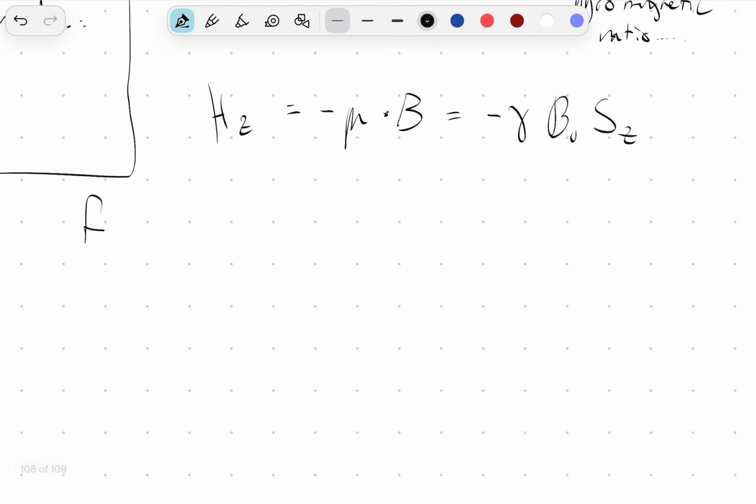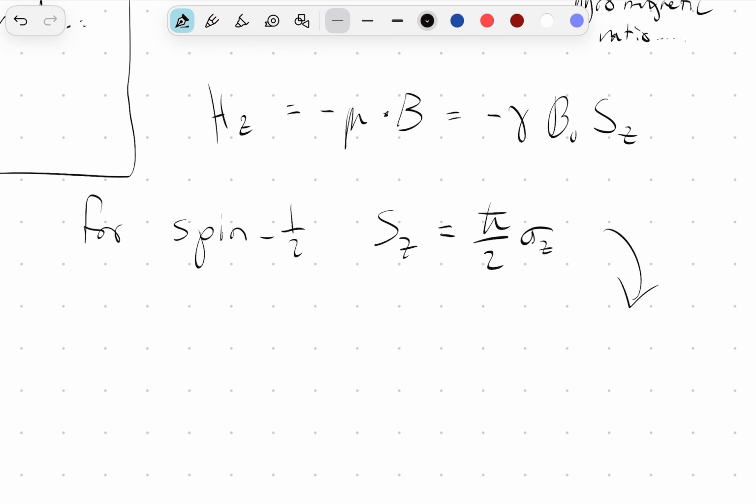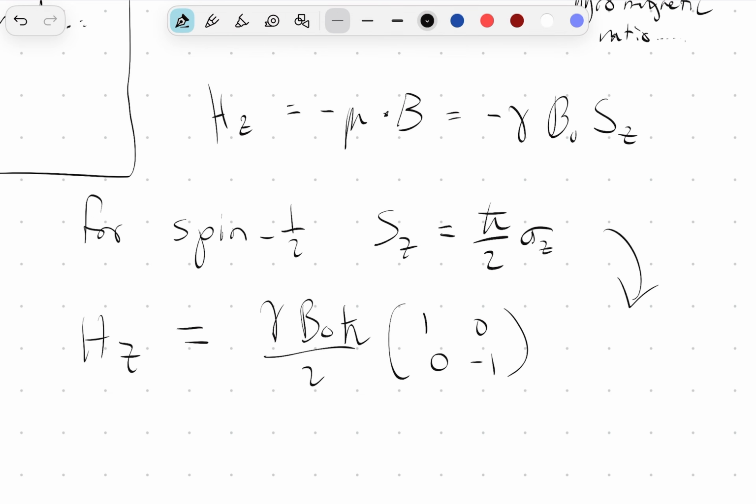And then for spin 1/2, this spin basis vector will just be h bar over 2 times the Pauli matrix for Z. Hence, what that will give is the Zeeman Hamiltonian. That's just the gyromagnetic ratio, B over 2 times the matrix 1, 0, 0, minus 1. Okay? So it's just a 1 and a negative 1 on the diagonal, because that's like the basis for the z direction.